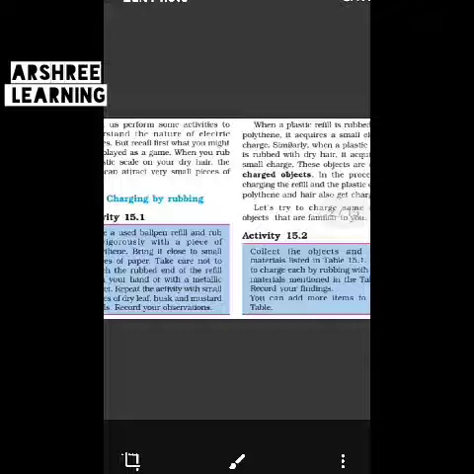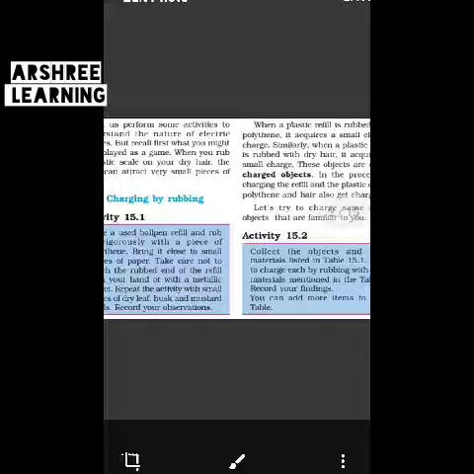When a plastic refill is rubbed with polythene, it acquires a small amount of charge. Now how this charge is developed, you will study in more detail in higher classes, but for class 8 we should know that whenever an object is rubbed, it develops a charge in it.